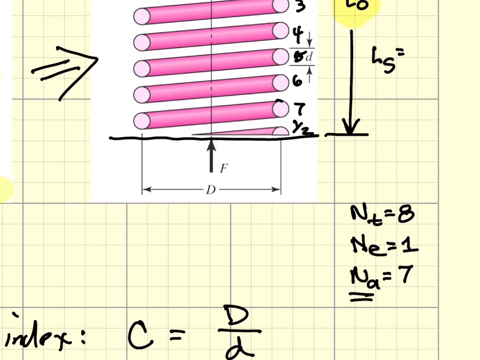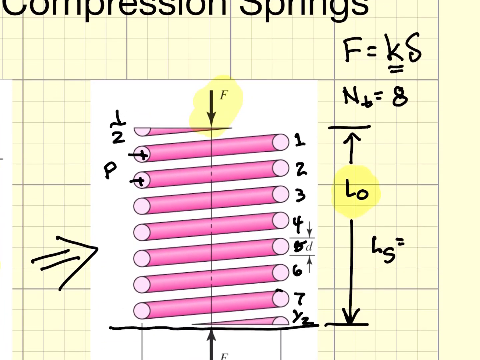Well, remember, when we were using Castigliano's theorem to evaluate the spring constant K, we were using elastic strain energy and differentiating that energy with respect to the applied force F, and that would give us a displacement. And so we can take the known applied force F, divide by the displacement that we get using Castigliano's theorem, and solve for the elastic spring constant.